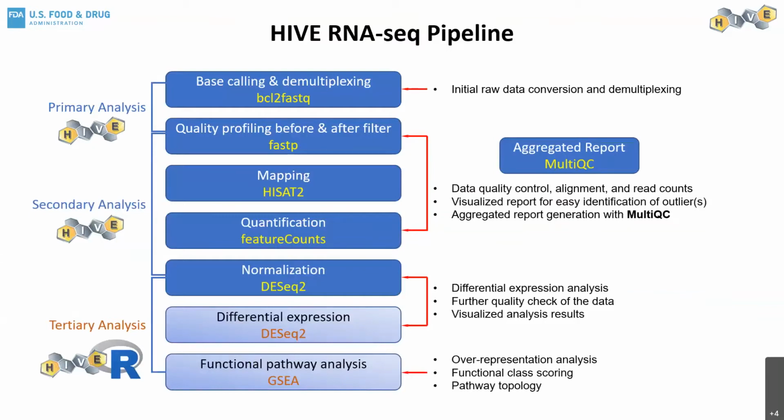But in general, the primary analysis consists of the initial raw data conversion, demultiplexing, and QC metrics on raw data. The secondary analysis consists of filtering, aligning, quantifying, and normalizing this data. And then the tertiary analysis consists of running the differential gene expression and functional pathway analysis. Now I will start describing each one of them in more detail in the next slides.